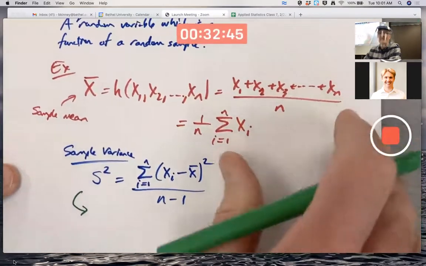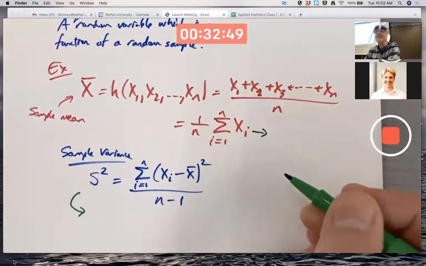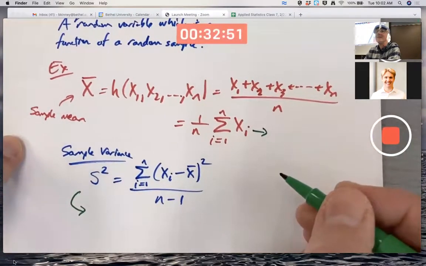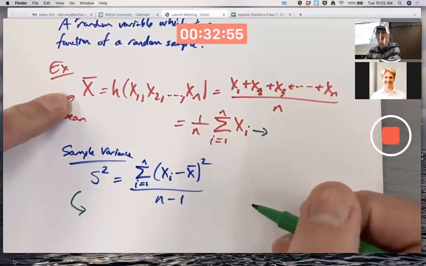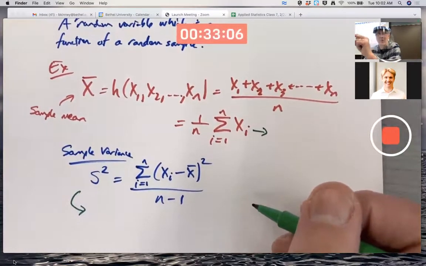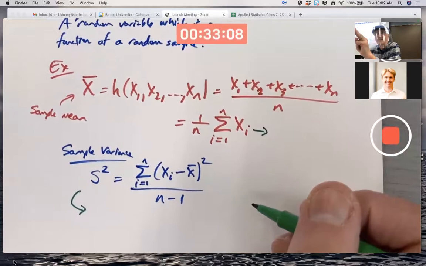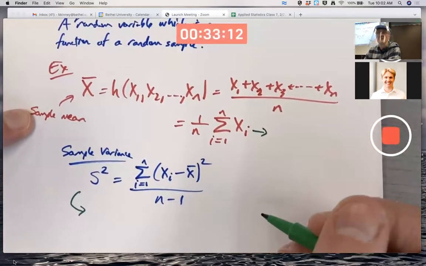X bar is unbiased as well. Maybe we should do it for X bar. Anybody remember what it means for X bar to be unbiased? You can say it in words using the word mean 3 times. I can say a phrase using the word mean 3 times that exemplifies what it means for X bar to be an unbiased estimator for mu.